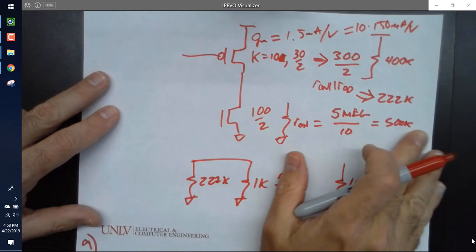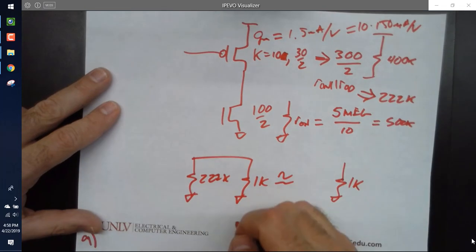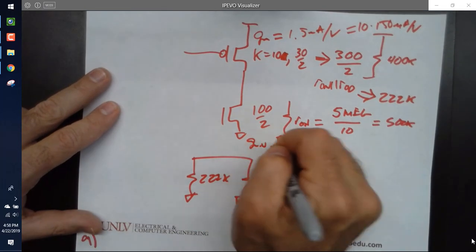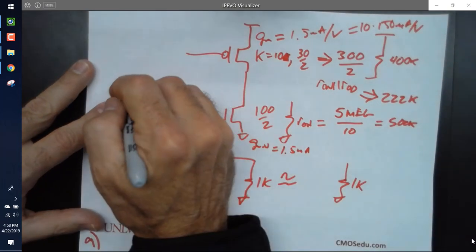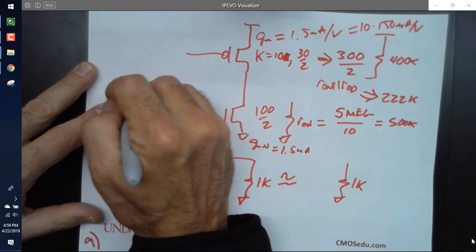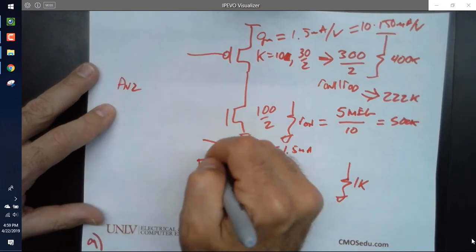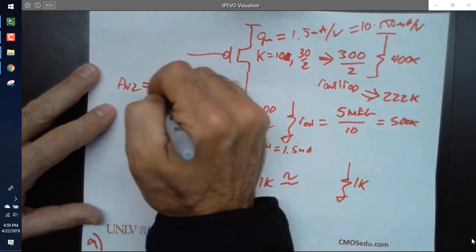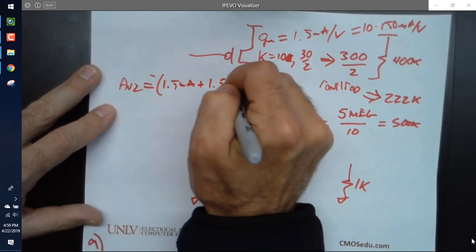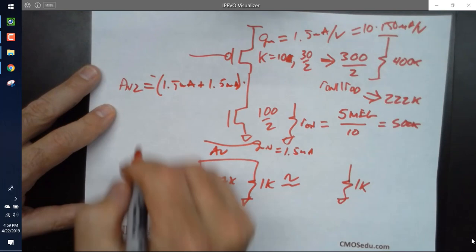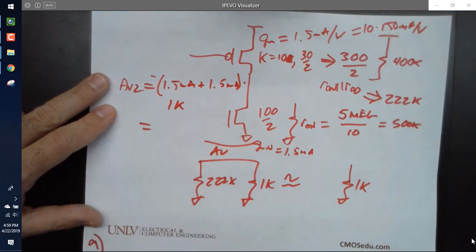Everybody follow that? So now I could write, same thing here, gmN equals 1.5 milliamps per volt. I can write the gain of this stage, roughly AV2, as equal to 1.5 milliamps plus 1.5 milliamps times 1K, which goes to what?